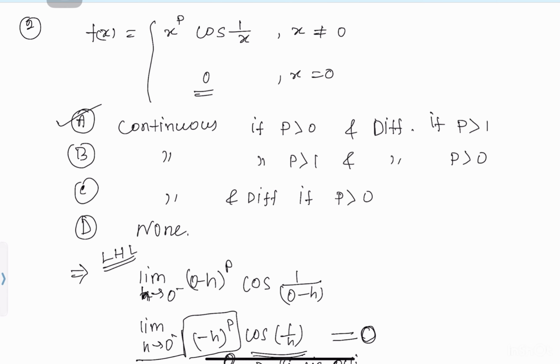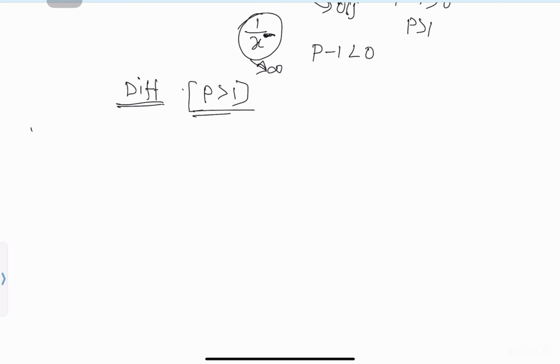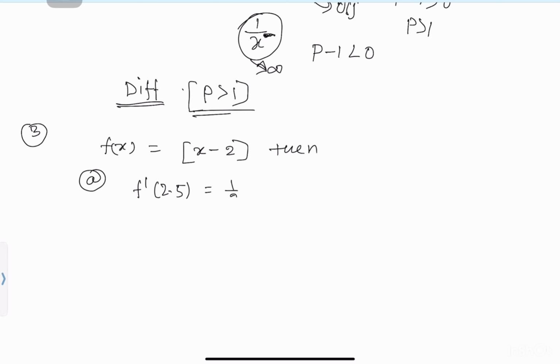Clear? Question three: f of x equal to box of x minus 2, and then the options are: first, f dash 2.5 equal to 1 by 2 and f dash 5 equal to 3.